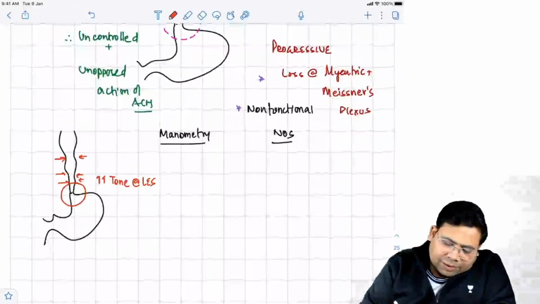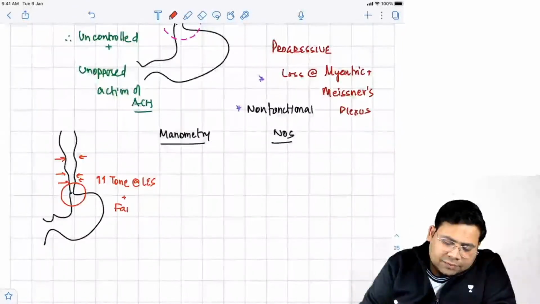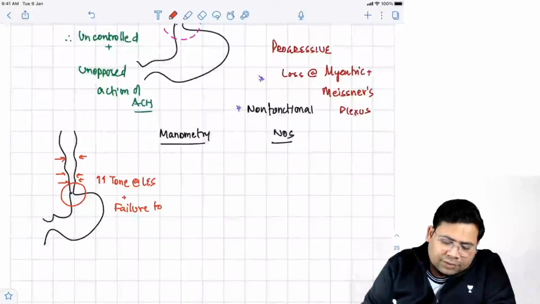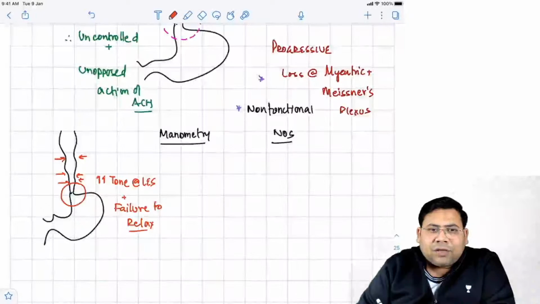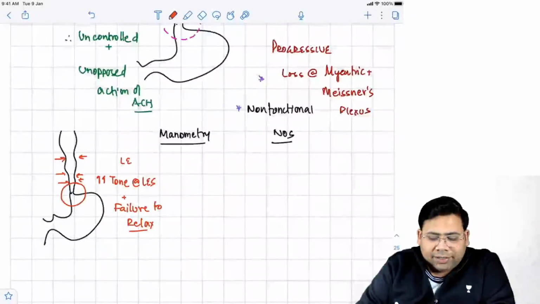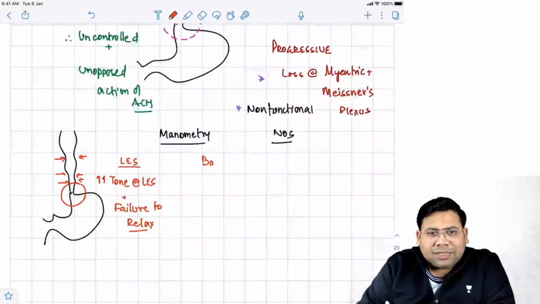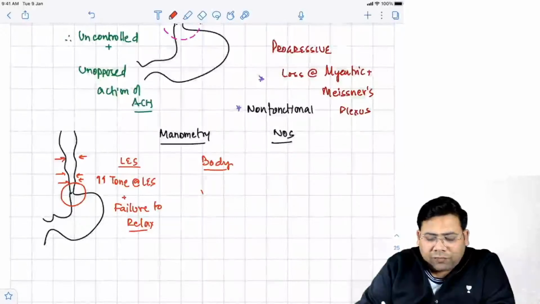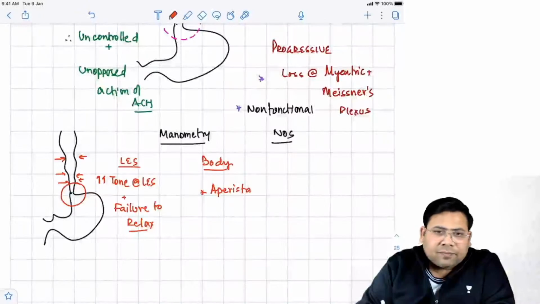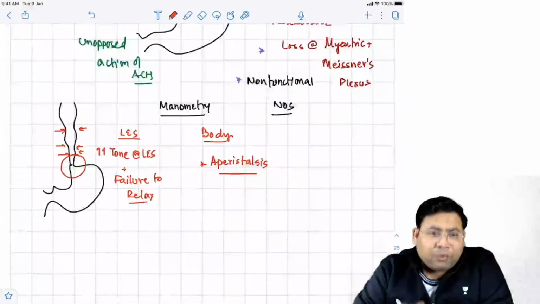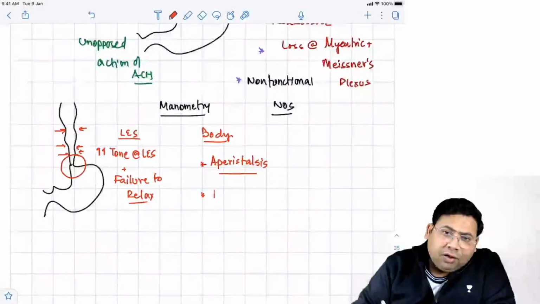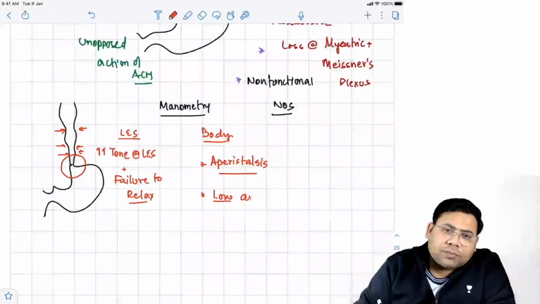The second point is failure to relax. That is at the level of the LES. What happens at the body of the esophagus? In the body of the esophagus, first of all, you get aperistalsis, because of low amplitude waveforms.